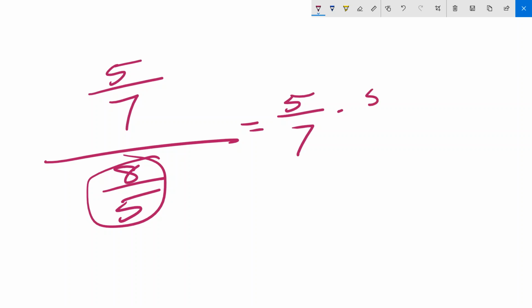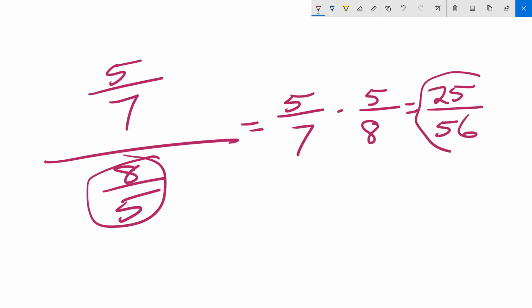So I'm going to multiply it by 5/8. What's that equal to? 25/56.